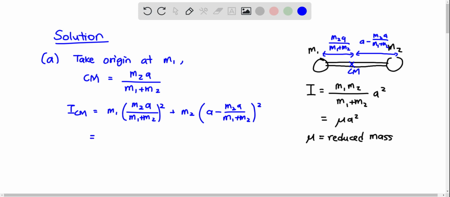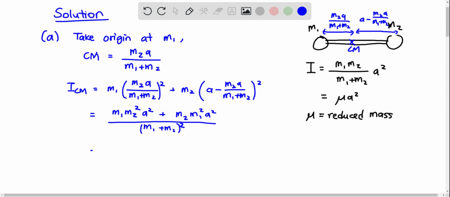So you get M1 M2 square A square plus M2 times M1 square A square, divided by M1 plus M2 square.